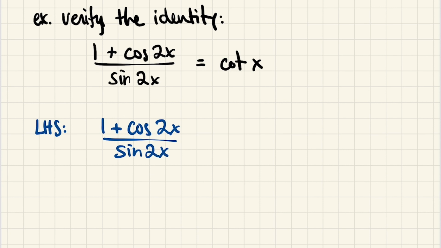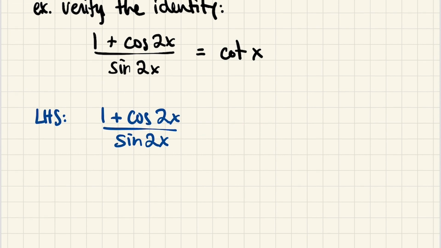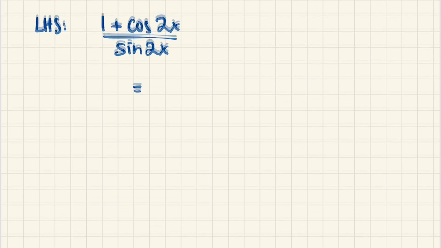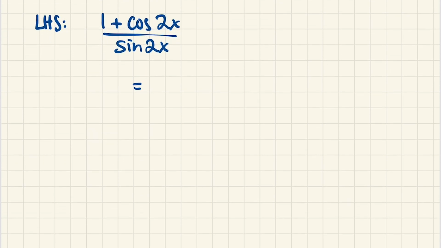And again, at no point are we going to say this is equal to cotangent of x. That is simply not allowed. It's a fallacy in math, very subtle. It's called begging the question, where essentially you're using the conclusion in its own proof. All right, so we do have a clear directive here. We have two double angle trigonometric functions, so we ought to just break them open using their double angle identities.